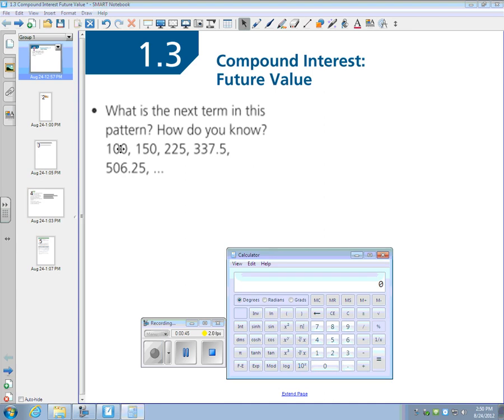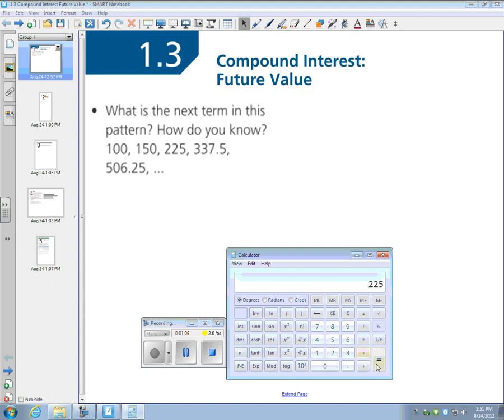So to go from 100 to 150, if I go 150 divided by 100, it looks like I times by 1.5. Now to go from 150 to 225, do I times by 1.5? So let's go 150 times 1.5. Very good.